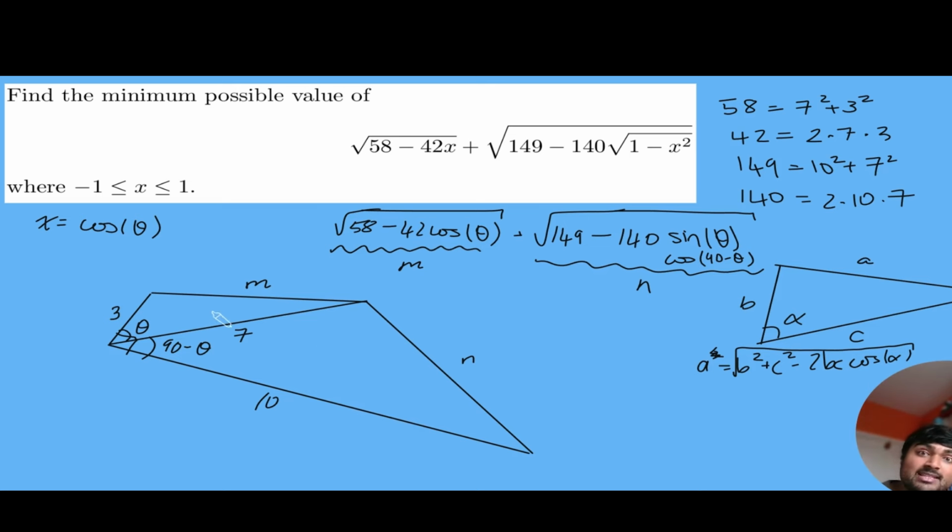Choosing theta appropriately, we can make it so that m plus n looks like the hypotenuse of this triangle ABC. Therefore the minimum value of m plus n is just the length of BC, and we can apply Pythagoras' theorem there. The minimum value of m plus n is the square root of 10 squared plus 3 squared, which is root 109, and that solves our problem.